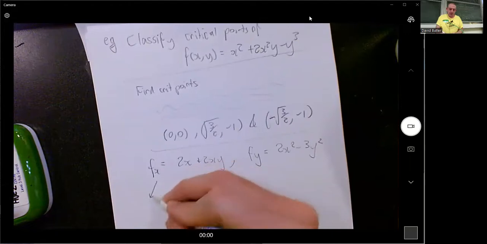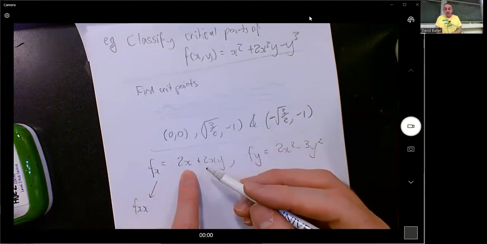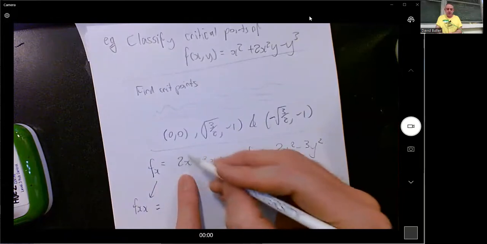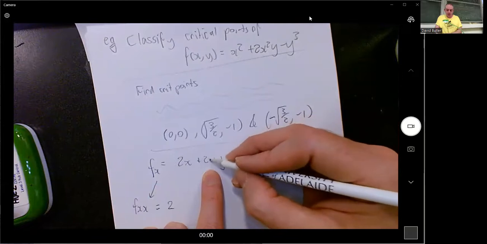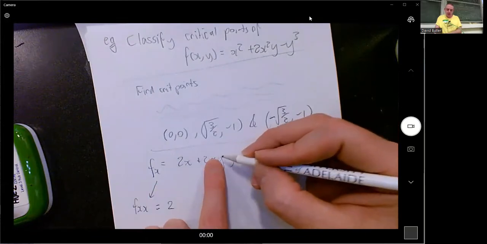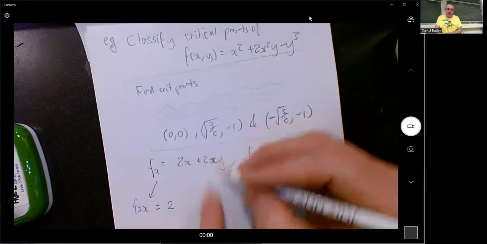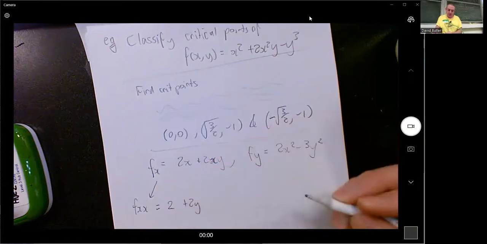And so fxx will be the derivative of this with respect to x again. So derivative of 2x is 2. The derivative of 2xy, well, the 2y is the constant that's multiplied by the x, so that will be 2y.